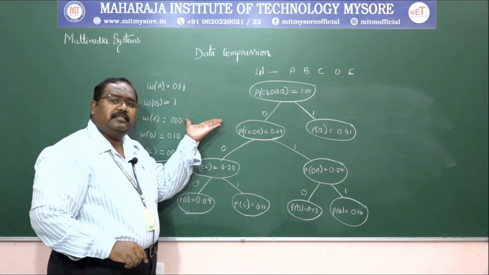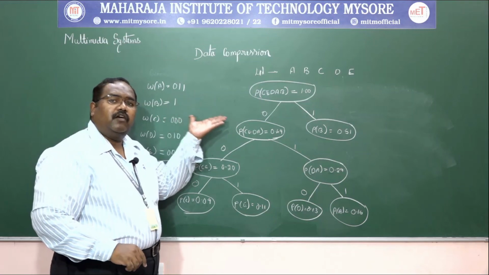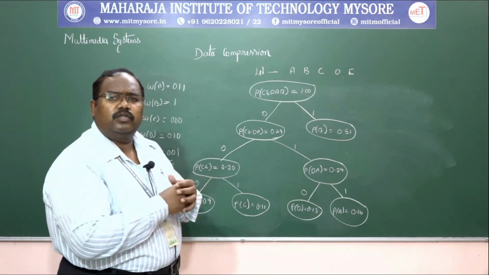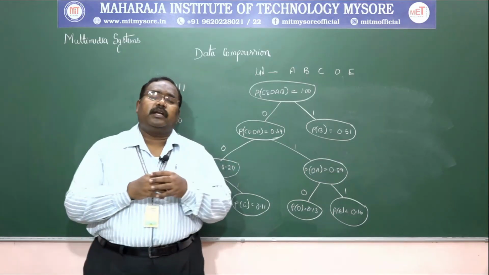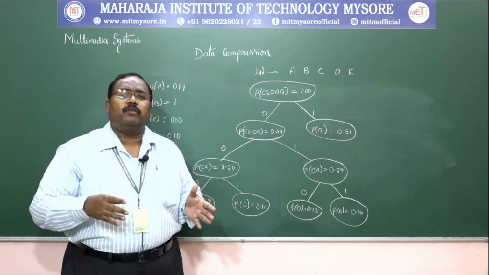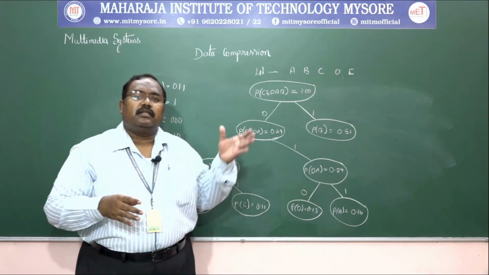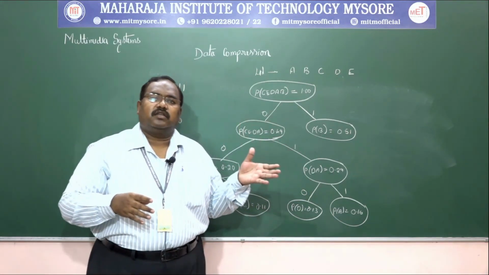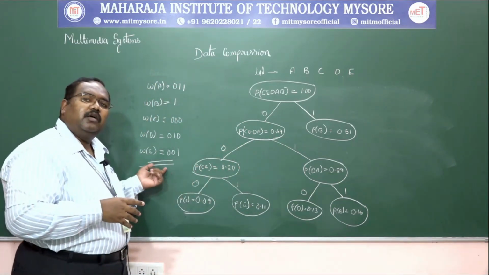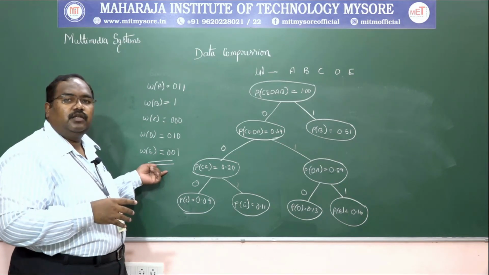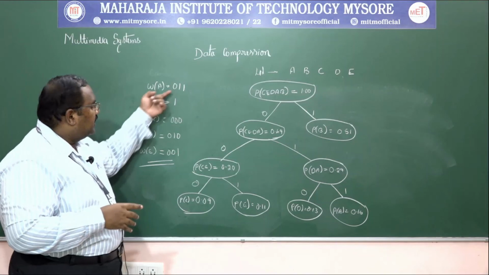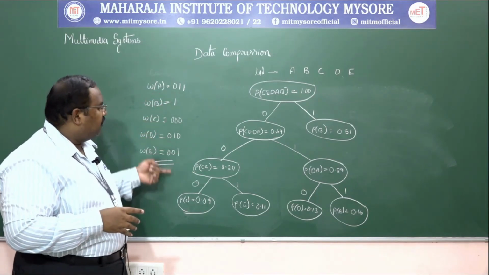When they ask in the exam with respect to the probability of A, B, C, D, they might give n number of nodes and even the probabilities, and they might also ask you to use Huffman coding to represent the different levels of compression and also provide the weights for each node. So A, B, C, D and E can be coded in this format.